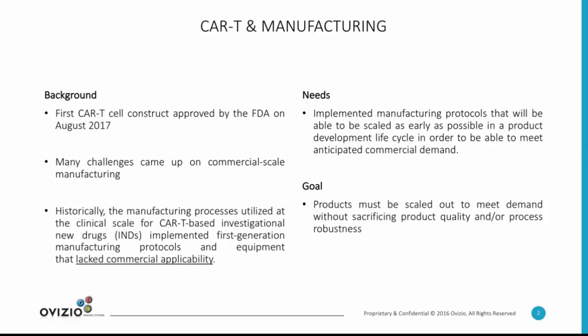And mainly that comes from, if we look at it from a historical standpoint, we see that at the start, the manufacturing process utilized at the clinical scale for the CAR T-based investigation on new drugs implemented very first generation manufacturing protocols and as well first generation equipment that really lacked the commercial applicability.